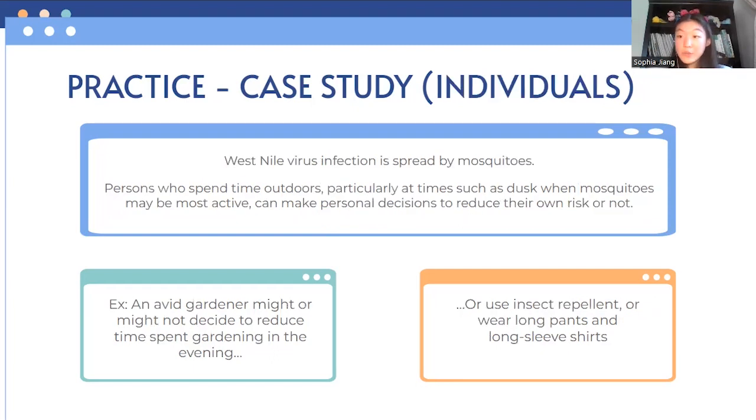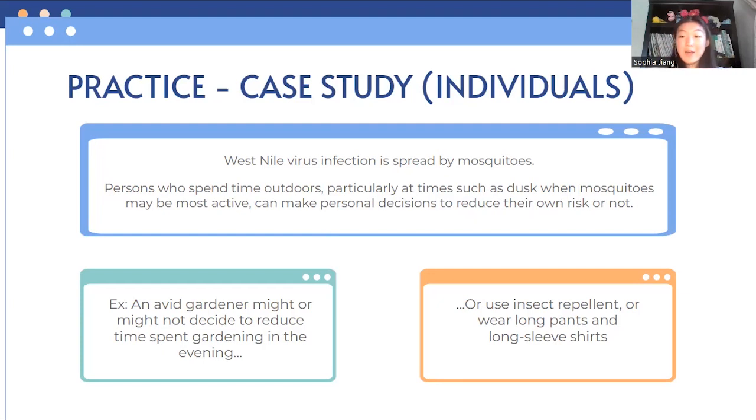Now, for individuals, once again, because you know that it is spread by mosquitoes, you might be thinking, oh, if there's a chance of me getting this disease from mosquitoes, maybe I don't want to be at a place or at the time of day where there are a lot of them, because that might increase my risk. So once again, that's using the assessment of risk that we mentioned before.